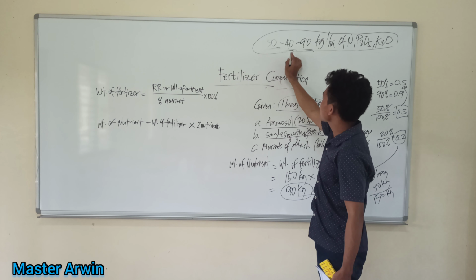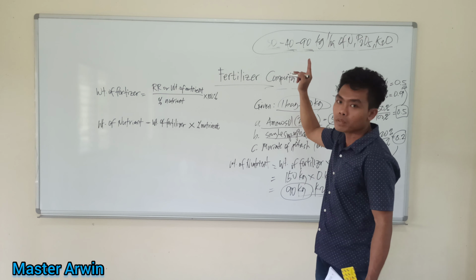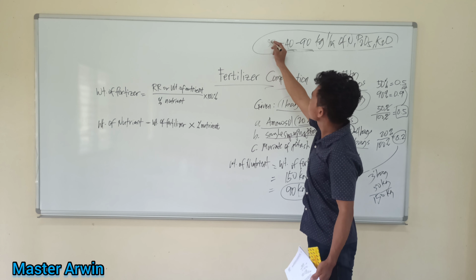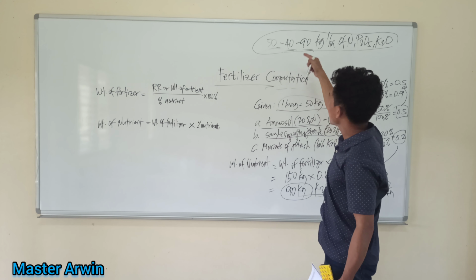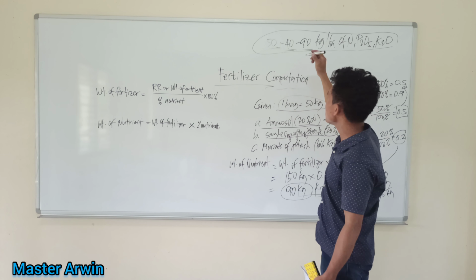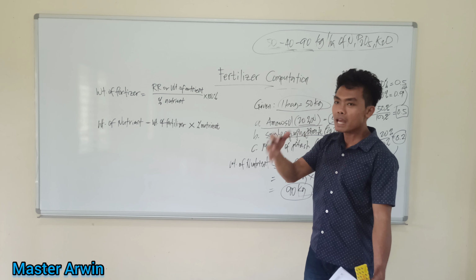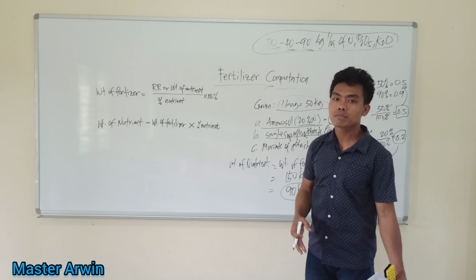So here, the smallest number is 40, since the first is 50, the second is 40 and 90. So everything should be divided by the smallest number.